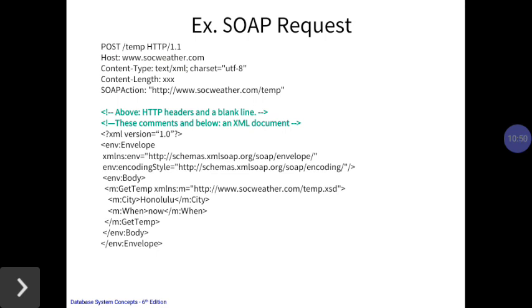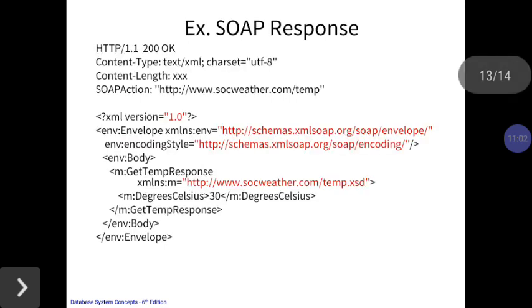So here you can see the get temp, some URL is given, and the city parameter is also included in the body part. And now see the SOAP response. Here in the SOAP response, again there is the envelope, then after that the response.